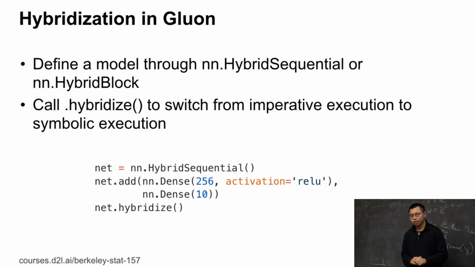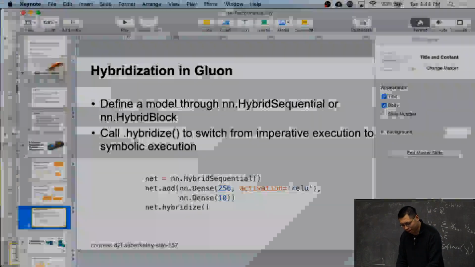Everything here is similar to before. The only thing is that we define the network as net equals nn.HybridSequential, and we add two dense layers as normal as before. The only thing is that if we call net.hybridize, we switch from imperative execution mode to symbolic execution mode. That's all. Let me give some concrete examples of how to do this.